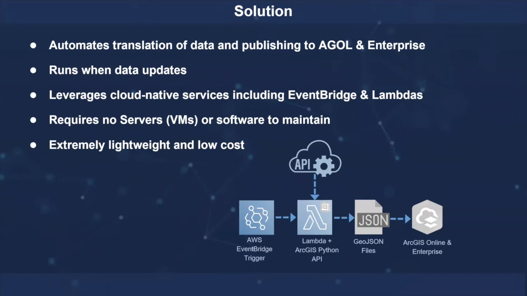So you can see here our quick little diagram where data from an API goes into a Lambda with the ArcGIS Python API that's kicked off by an EventBridge trigger. It produces either a GeoJSON or a CSV, and it puts that data into your ArcGIS portal.